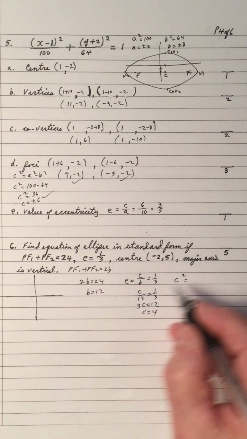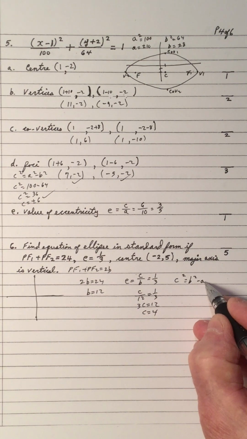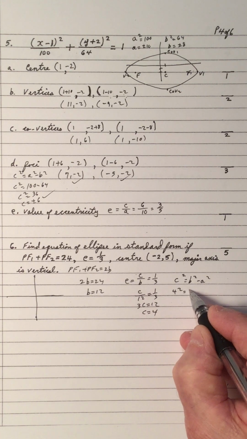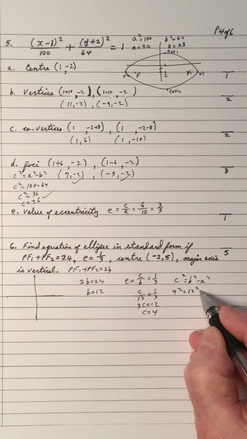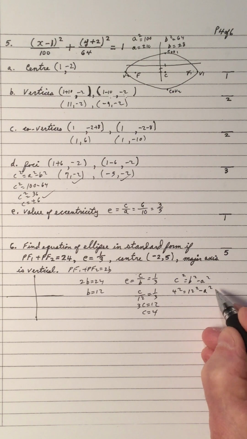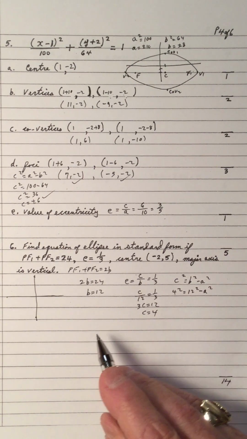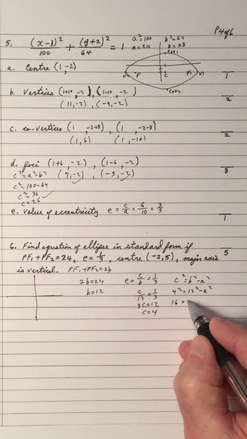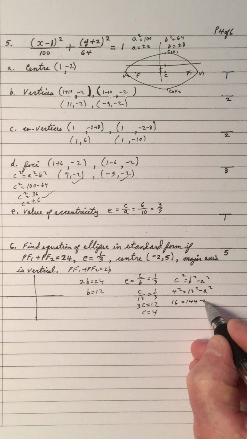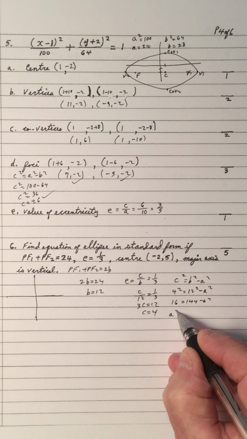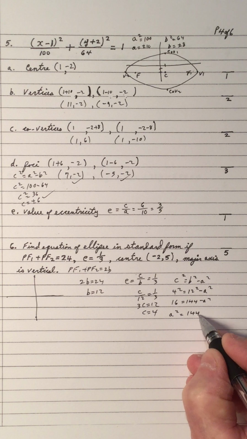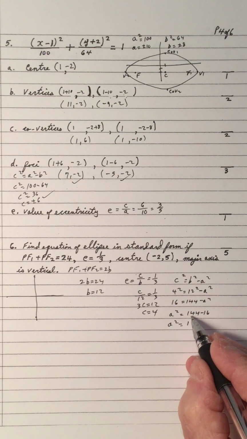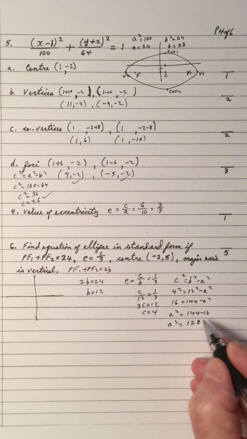Again, the vertical is the longer one, so it's b squared minus a squared. So c is 4, so it's 4 squared. b is 12, so it's 12 squared. And we want to find the a, because to get the equation, we have the b is 12, we need the a. So that's 16 equals 144 minus a squared. So a squared is 144 minus 16, which is 128.